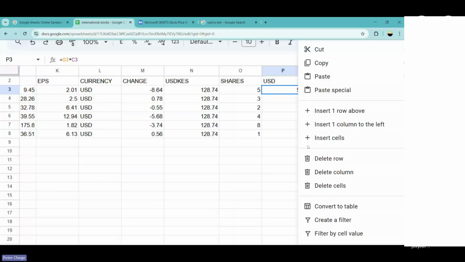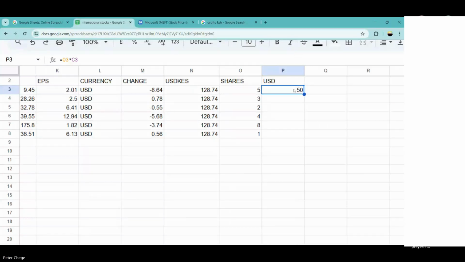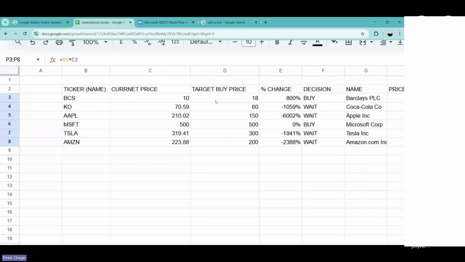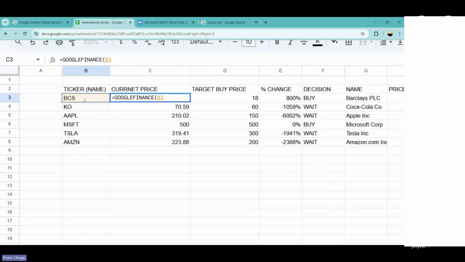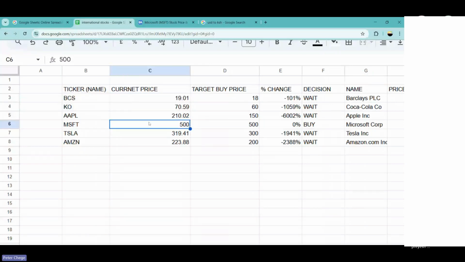Let me also update this formula because there are those that I put manually. I'm just updating what I put manually: equals GOOGLEFINANCE. So I've updated all my prices, so the stocks should have updated.